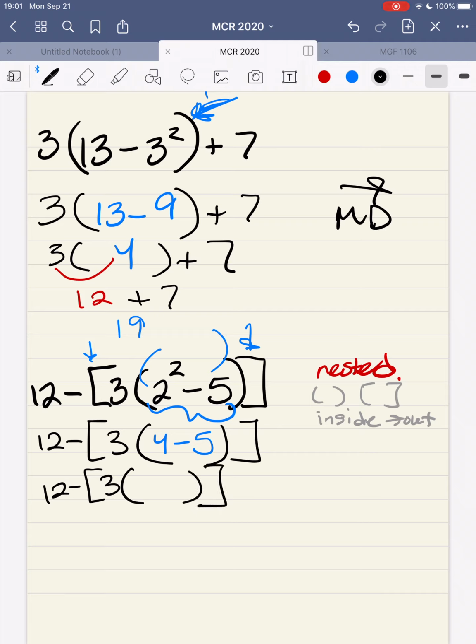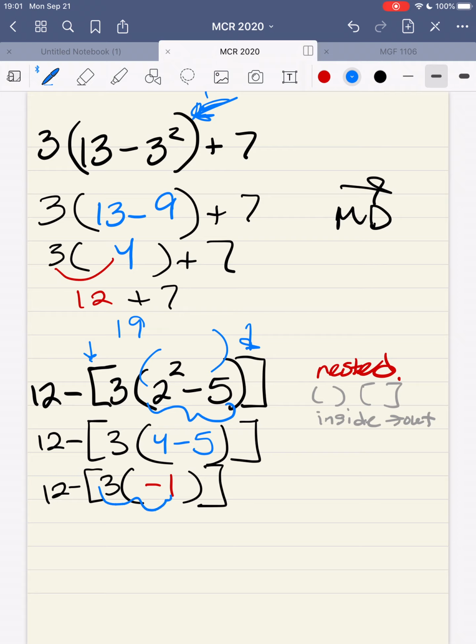And I have 4 minus 5, which is negative 1. Okay, so now my innermost parenthesis is down to one number. I never want to drop my parenthesis until I'm absolutely sure that it is down to the lowest number that it can be. All right. So from here, I'm going to deal with anything inside the brackets.